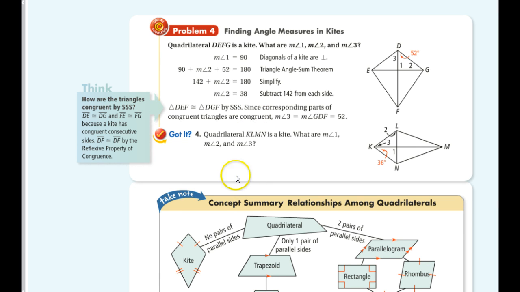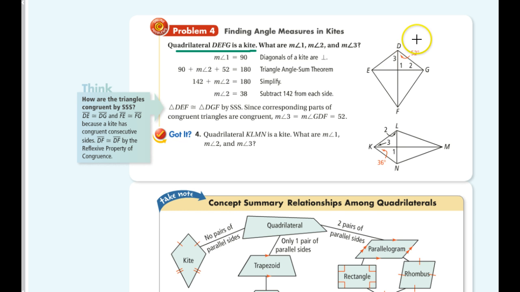So let's look at this example problem 4. We know that quadrilateral DEFG is a kite. We want to know the measures of angles 1, 2, and 3. Well, because we already know by the previous theorem that the diagonals of a kite are perpendicular, then we already know that angle 1 has to be 90 degrees.